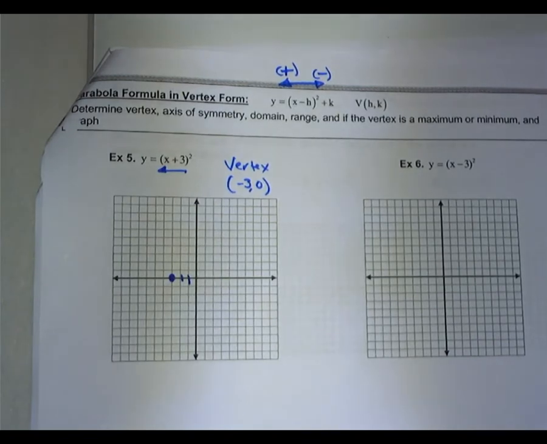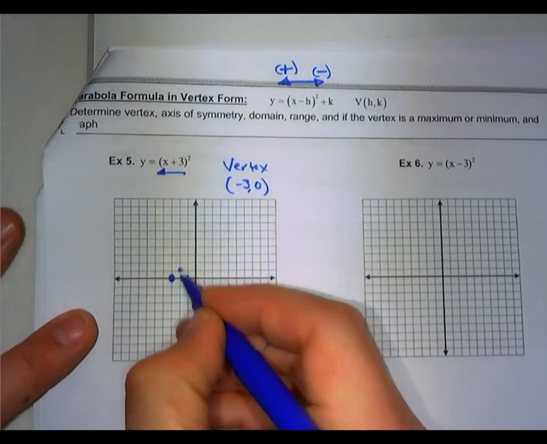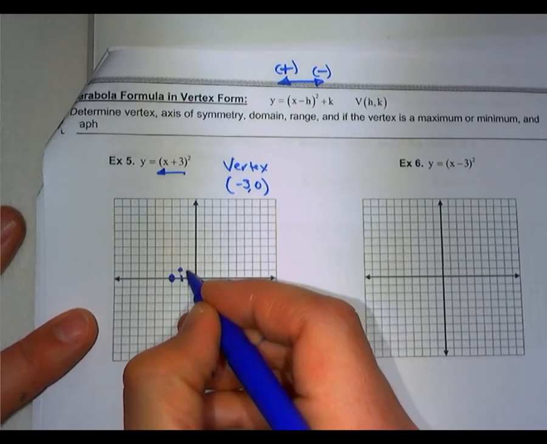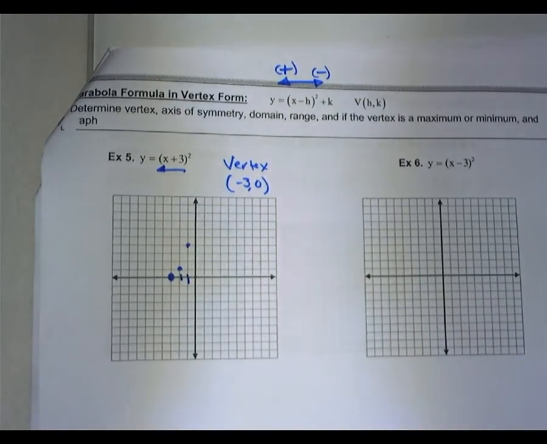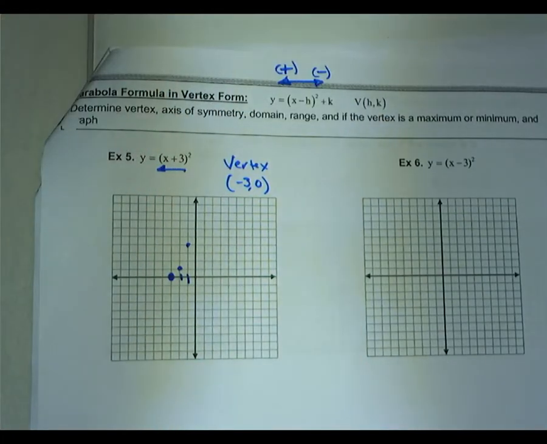Now it's going to follow the pattern of a quadratic. The pattern is from the vertex, over 1, up 1. Over 2, up 4, because 2 squared is 4. 1, 2, 3, 4. Good with that?